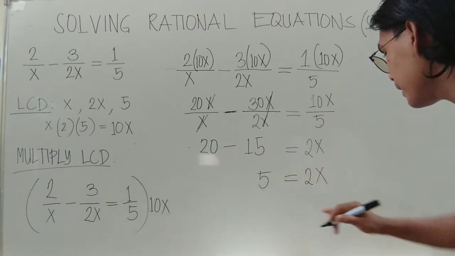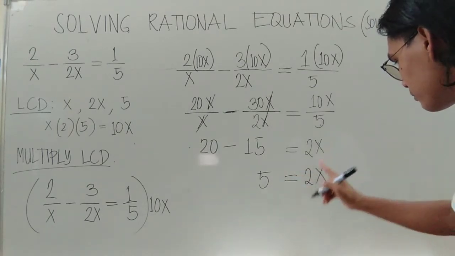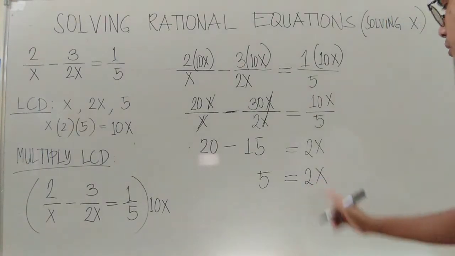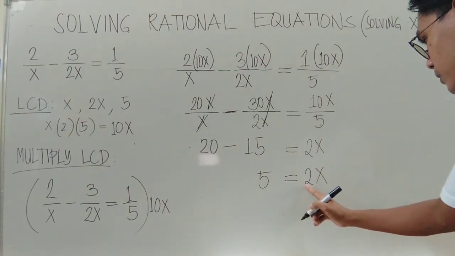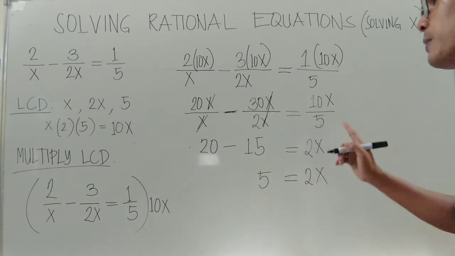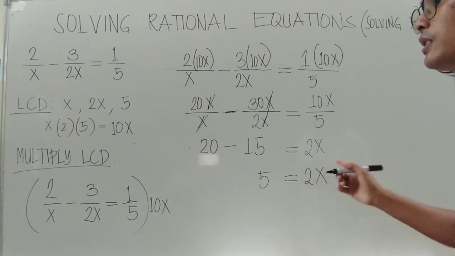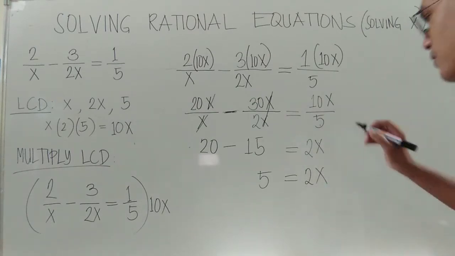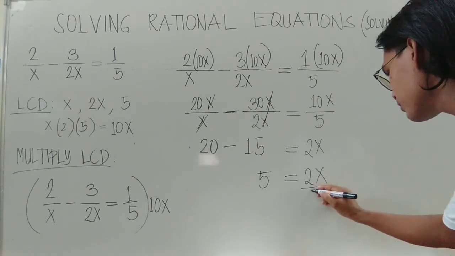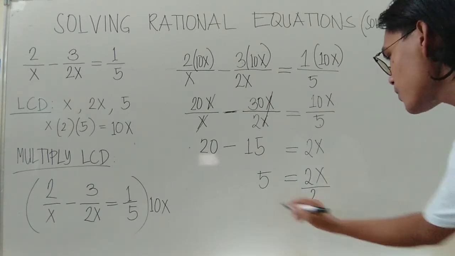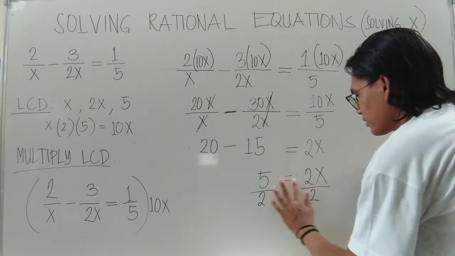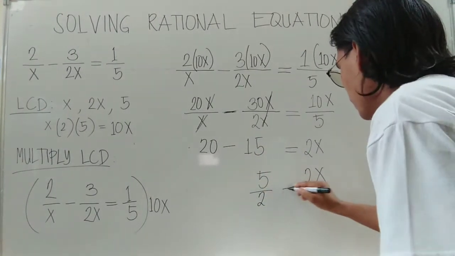So to simplify it, the operation between 2 and x is multiplication. Again, the operation between 2 and x is multiplication. To simplify it, we will use the inverse operation. So we will be dividing 2 on both sides. Okay?